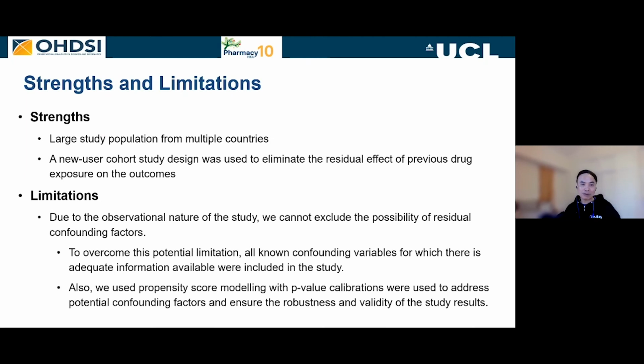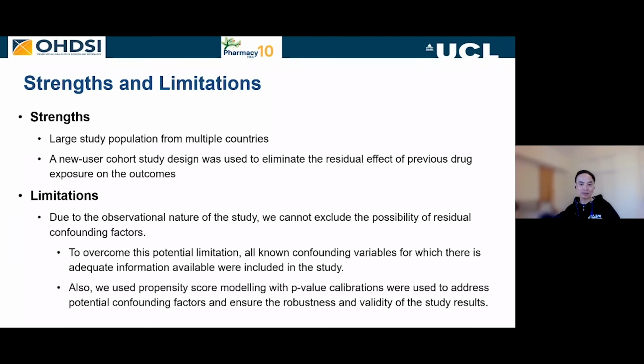The strength is that we have a large population, and it's much better than any other study I ran previously with a single database. This is the real strength of this study. We also used the new user cohort design, which eliminates a lot of residual effect of previous drug exposure. The limitation, again, is what we always say: we can't say this is a causal relationship, but certainly what we see here gives us some indication of which one is probably more likely to be better.